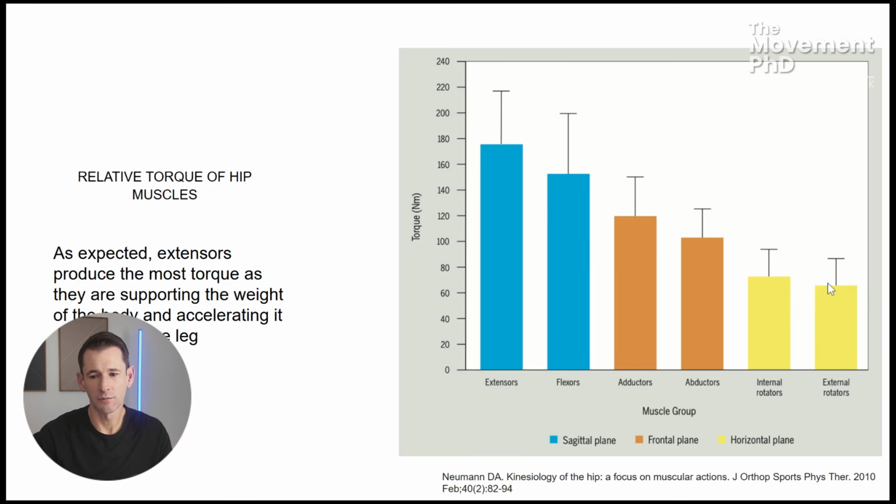So the transverse plane is cutting across the plane of gravity, so they don't need to support the entire weight of the body against gravity. So that's a quick review of the relative torque between our extensors and flexors, our sagittal plane motion, our adductors and abductors, our frontal plane muscles, and our horizontal plane internal and external rotators.